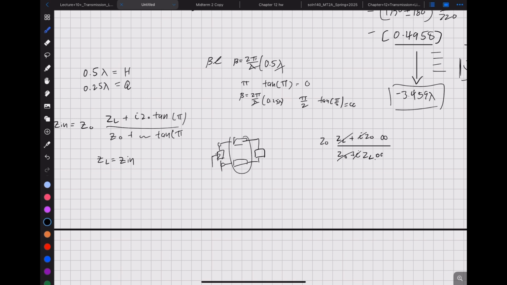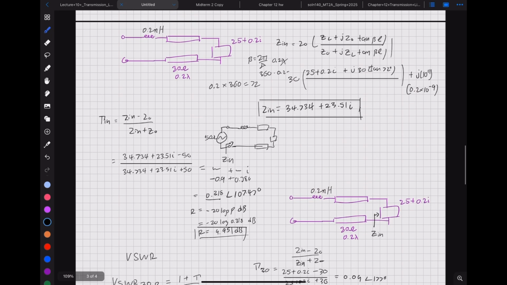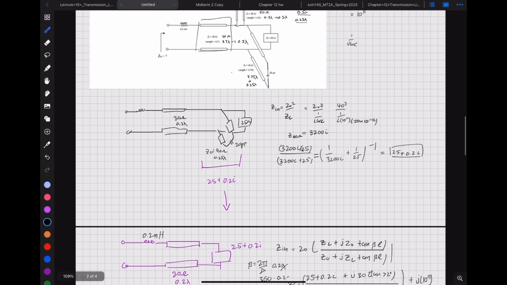The infinities cancel with math and L'Hopital's rule. And what we end up having is Z0 multiplied by Z0 over ZL, so we get Z0 squared over ZL. So it's important to remember these two properties.